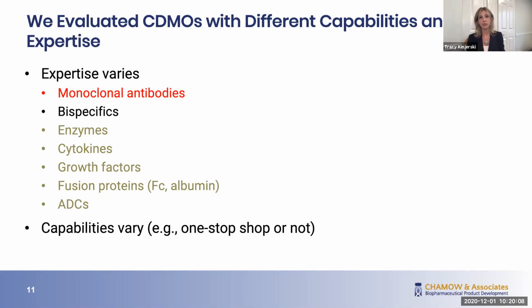There are some CDMOs that focus solely on monoclonal antibodies, while others have developed a strong track record in working with antibodies which are bispecifics or trispecifics, or basically more complex antibodies than a standard mAb. We have other CDMOs who are known for focusing on enzymes or blood products, such as AGC, for example.